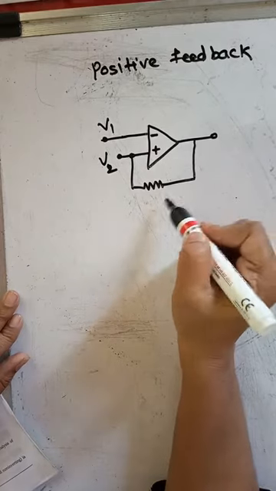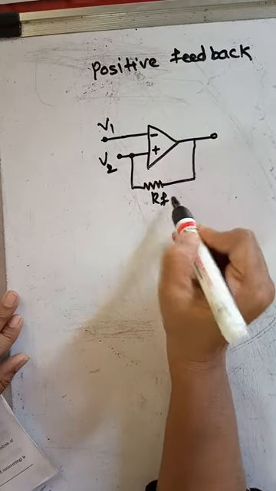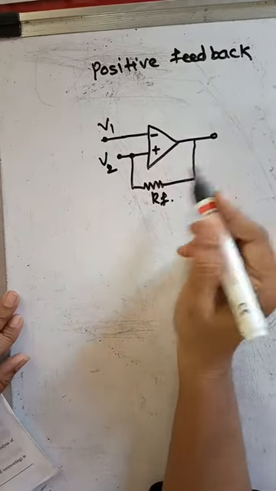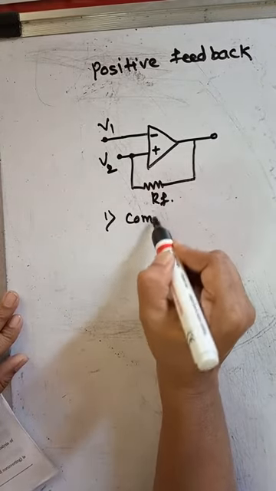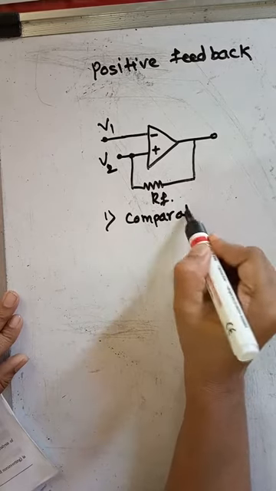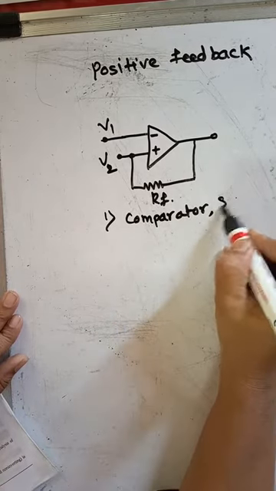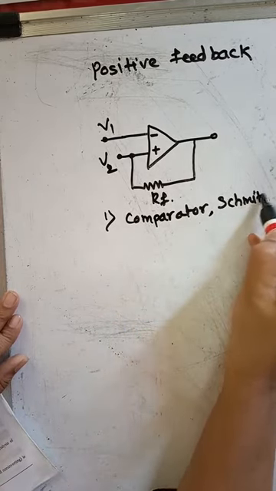In some applications we can use positive feedback, for example the comparator and the Schmitt trigger. These are some of the applications of positive feedback.